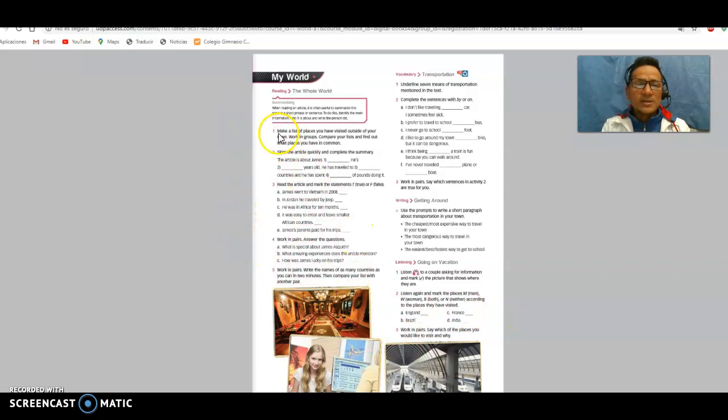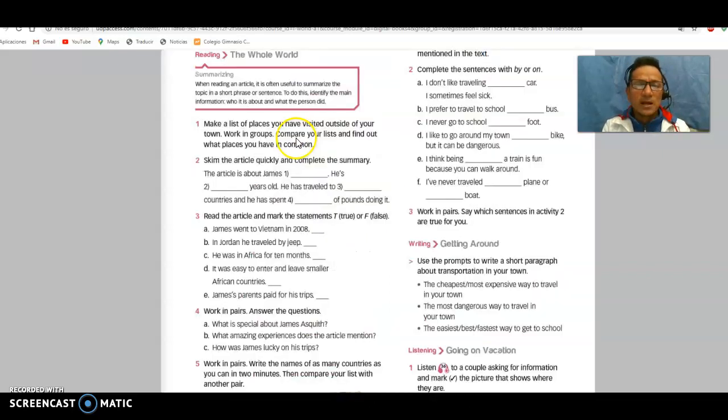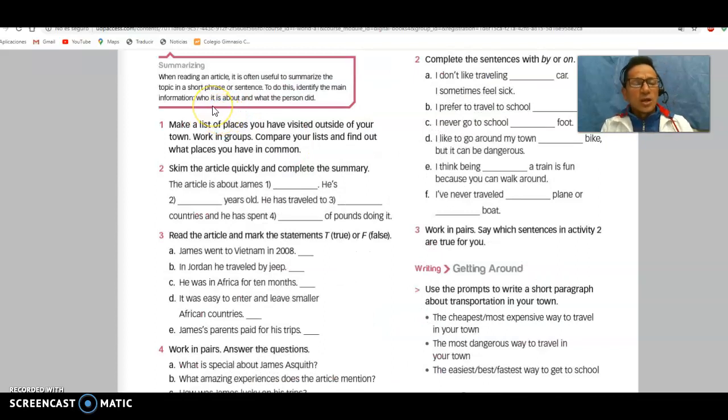So you notice this reading. Notice this. This is spectacular because it's giving you an idea of how to understand when you are reading something. Summarizing. When reading an article, it's often useful to summarize the topic in a short phrase or sentence.